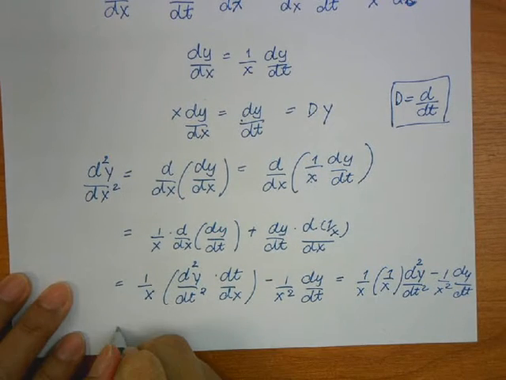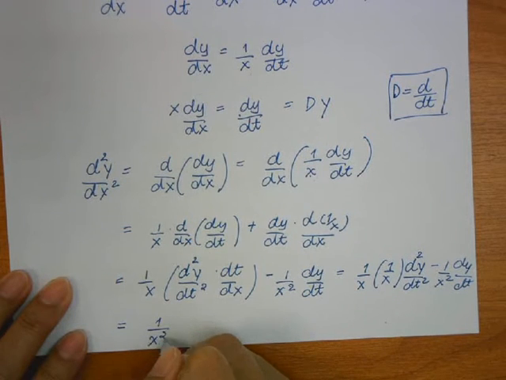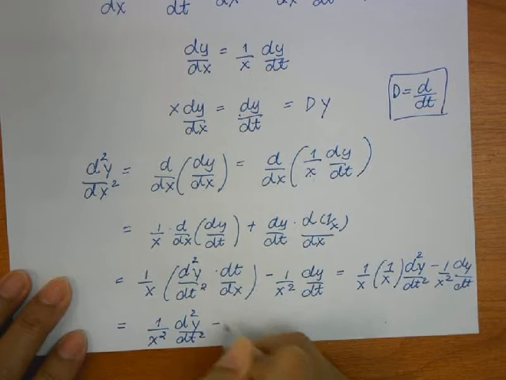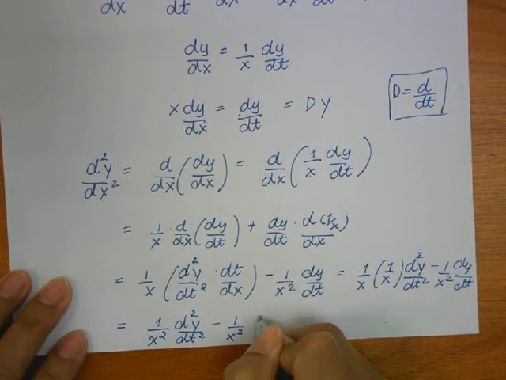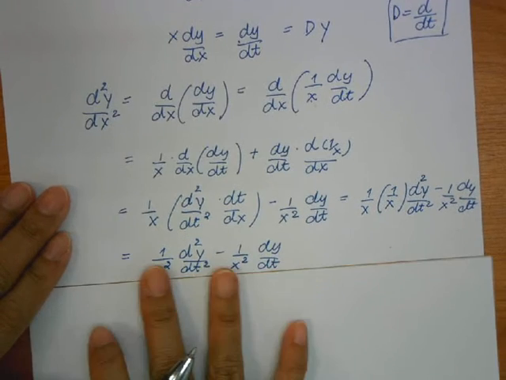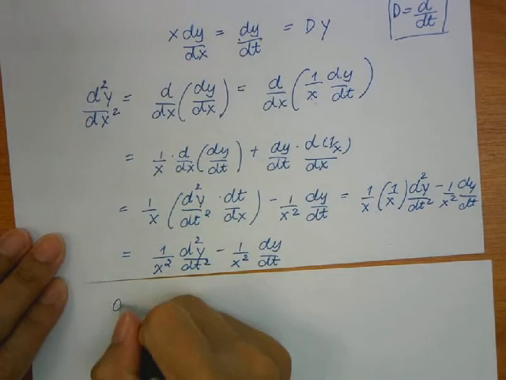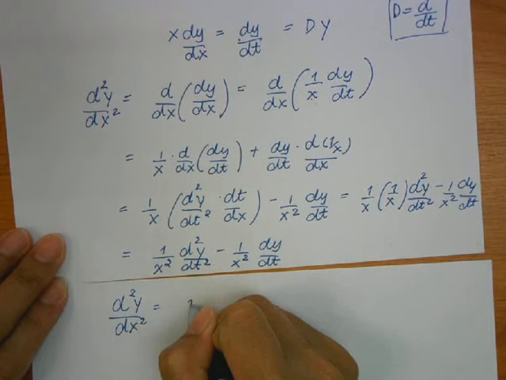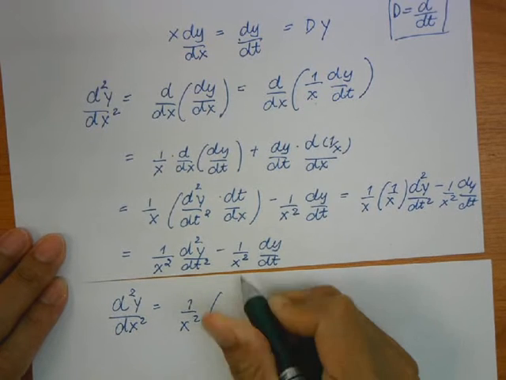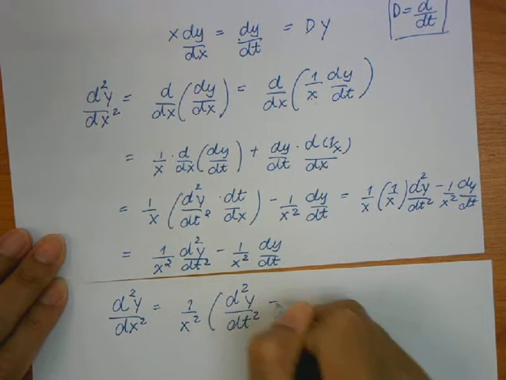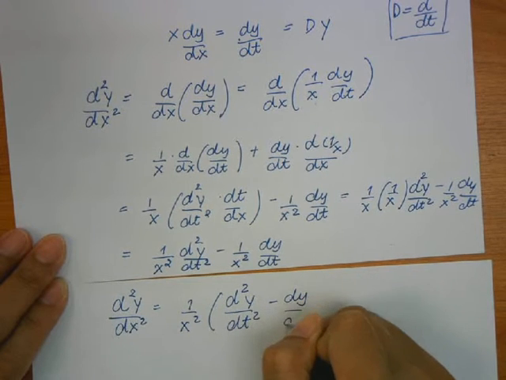So we would get 1 over x squared d squared y by dt squared minus 1 over x squared dy by dt. Then both of the terms have 1 over x squared, so we take 1 over x squared out. Inside is the second derivative of y by dt minus the first derivative of y by dt.